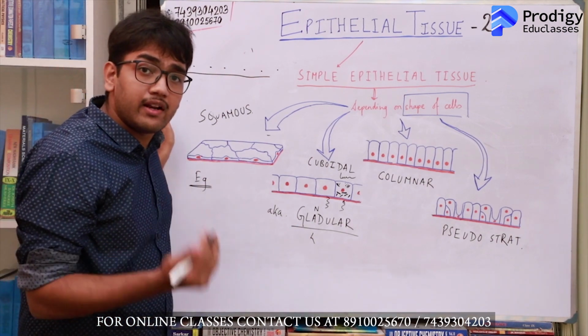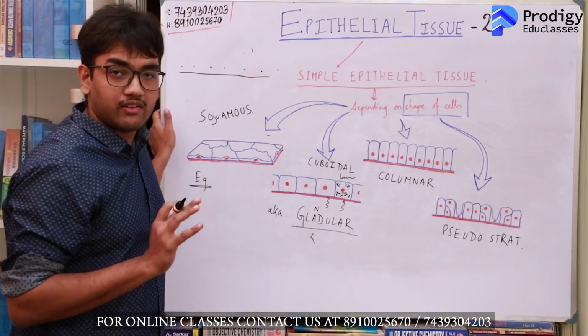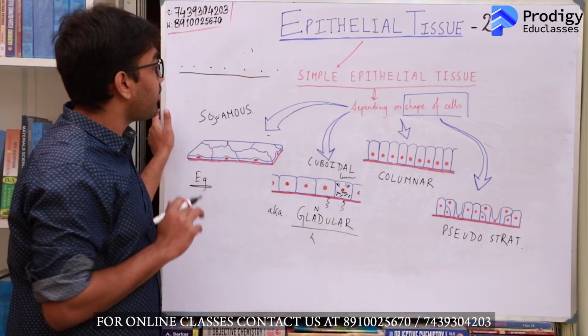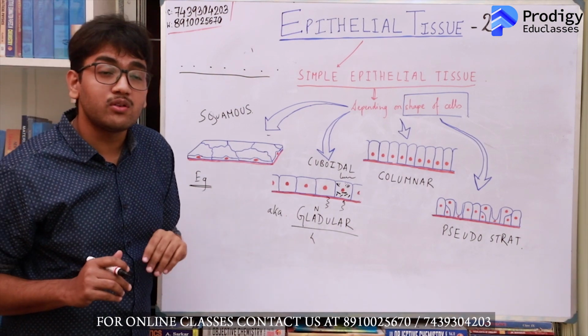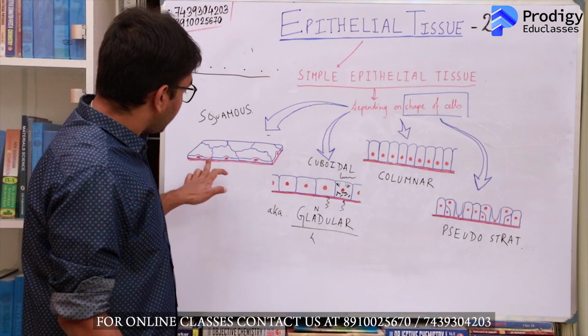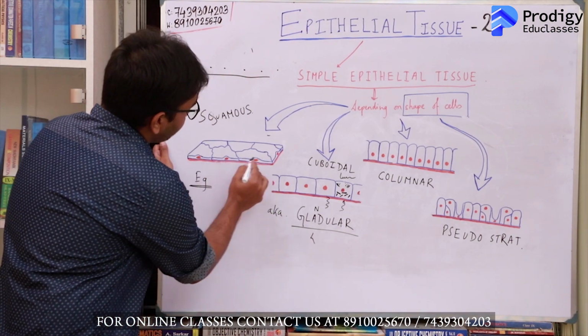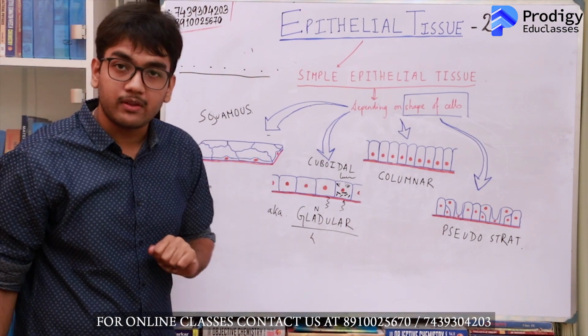So how do you identify whether it is a simple epithelial tissue, or a complex or stratified epithelial tissue? You identify by the number of layers of nuclei that are present above the basement membrane. I am looking at this layer, and I am finding that above the basement membrane there is only one layer of nuclei. So I know that this is a simple epithelial tissue.